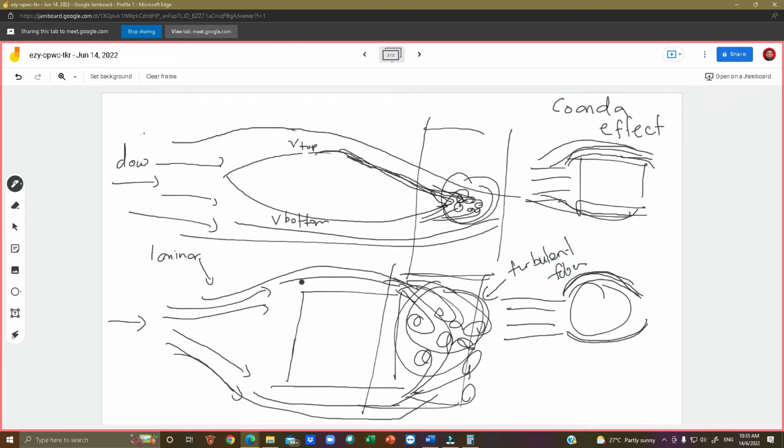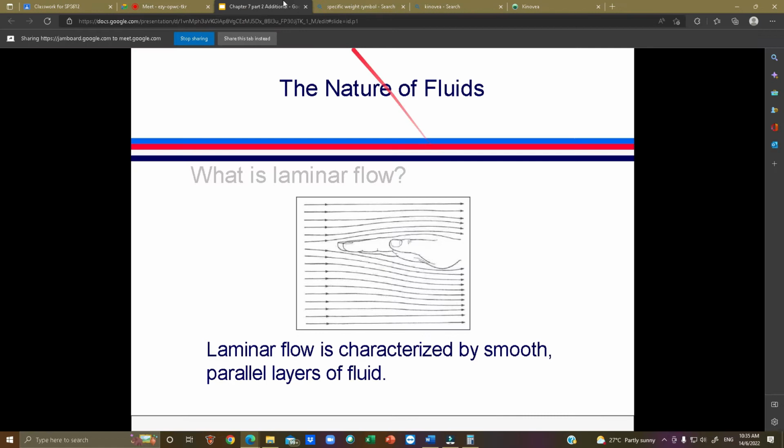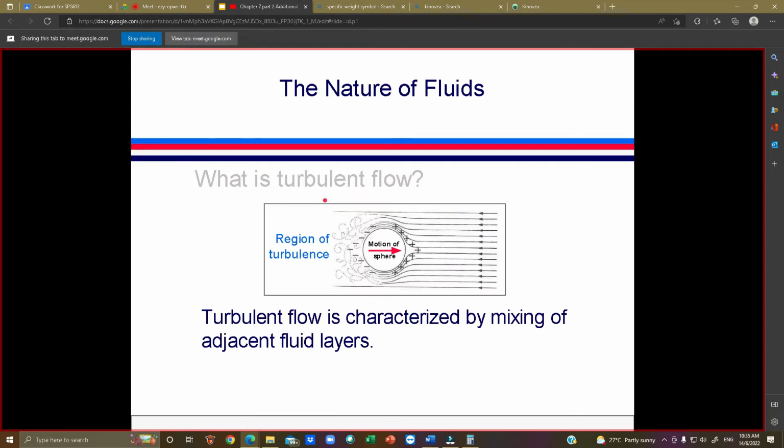And in between these two, ni bahagian ni, you are going to have Coanda effect. Okay. Meaning here, what I try to show you is, we are going to have those two type of flow regardless of shape. Okay, we are going to have laminar flow, we are going to have turbulent flow regardless of shape.